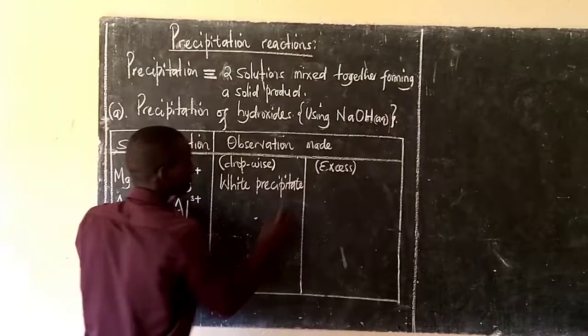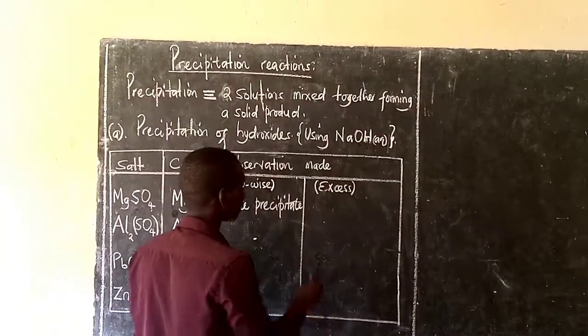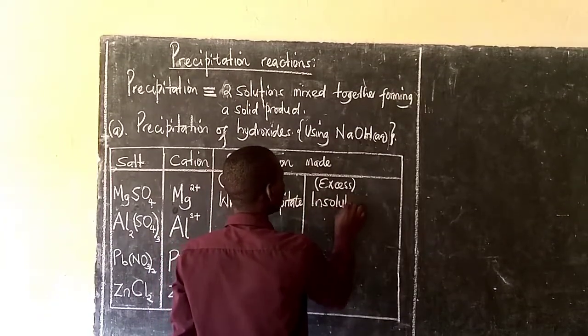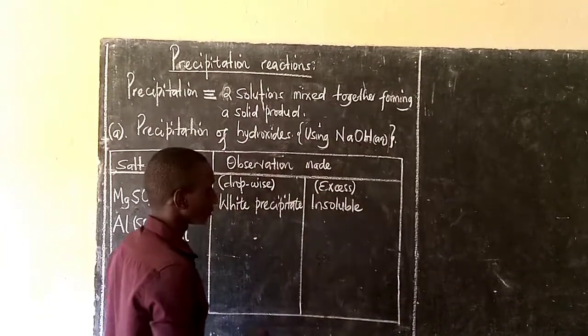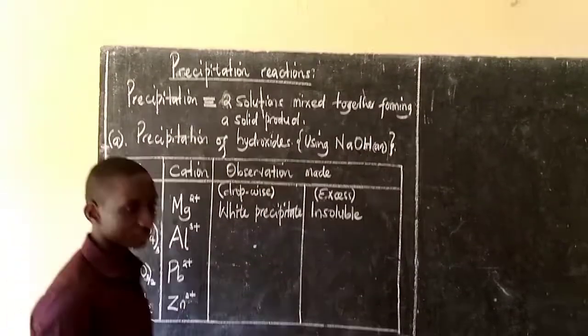White precipitate. That is the dropwise addition. Then in the excess, from what we have done, it shows that the precipitate that has been formed is insoluble. It is insoluble in excess. That is for magnesium. The next salt we have is aluminium.